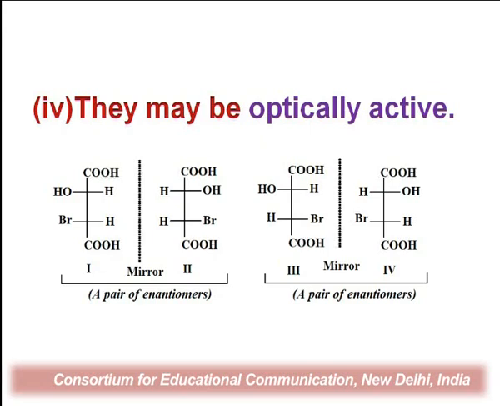Now, we may have diastereomers which are optically active. We know that this molecule has two chiral carbons, so the total number of optically active isomers would be 2 raised to the power of n. So we will have 4 stereoisomers, and these two chiral carbon atoms are not similarly substituted.